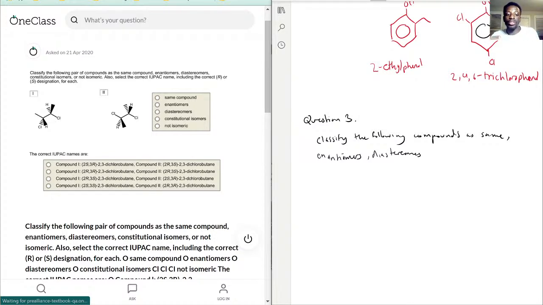enantiomers, I want to make sure I'm explaining this right because it can get quite complicated. So same, let's just start there actually. Same means that the compounds are the same thing. So it's not like a mirror image, it's literally the same compound, as in they have the same R and S in terms of rotation, and everything else is just from a different angle.